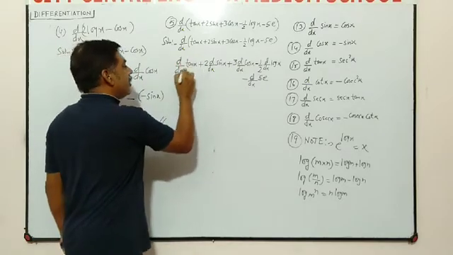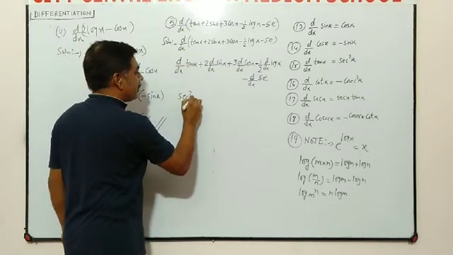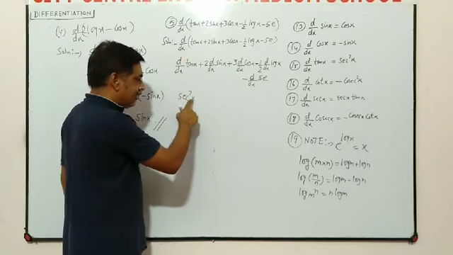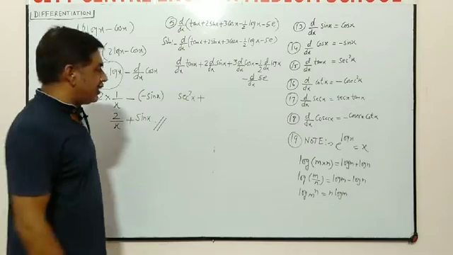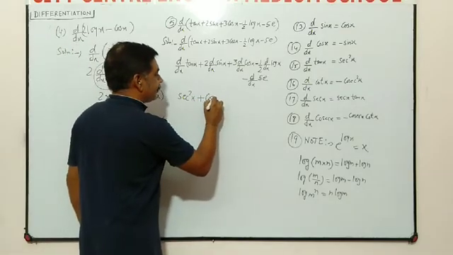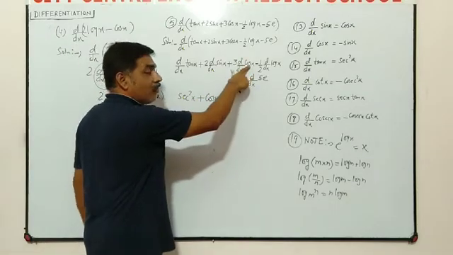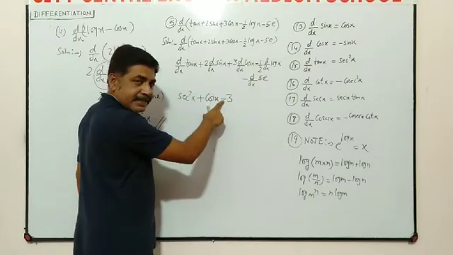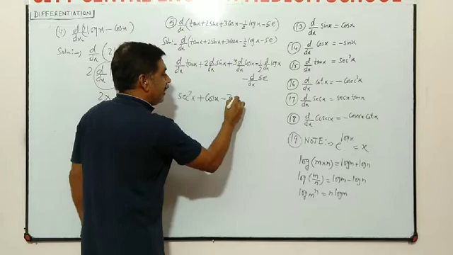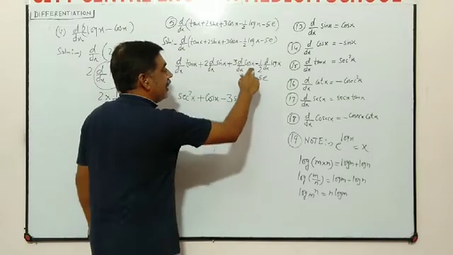So differentiation of 10x is 10 sec square x, plus differentiation of sin x is cos x. Differentiation of cos x is minus sin x, so this is minus 3 sin x.